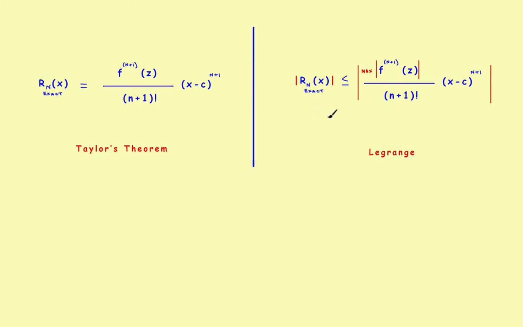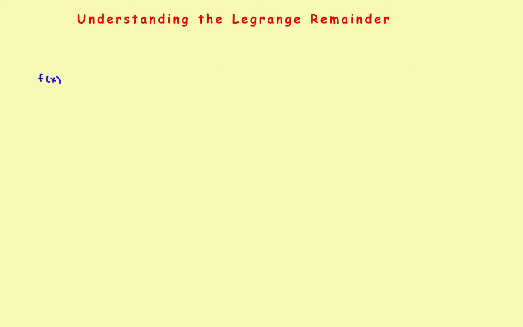If you just look at them, there are some differences between them, and they're similar in some respects. By the end of this video, you'll see that the Lagrange remainder is really nothing but a variation of Taylor's theorem. We'll spend quite a bit of time on this, and then we'll show where the Lagrange remainder comes from. That's going to be our goal as we go through this.